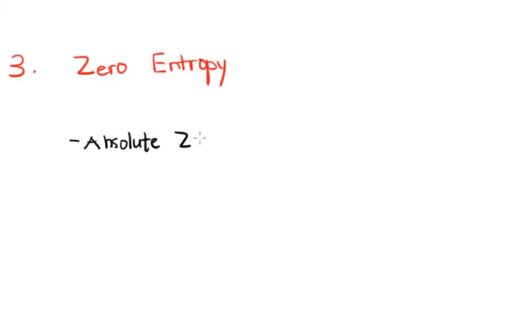Absolute zero. And the second requirement is it has to be a perfect crystal. So a perfect crystal is basically a crystal with no dislocations.